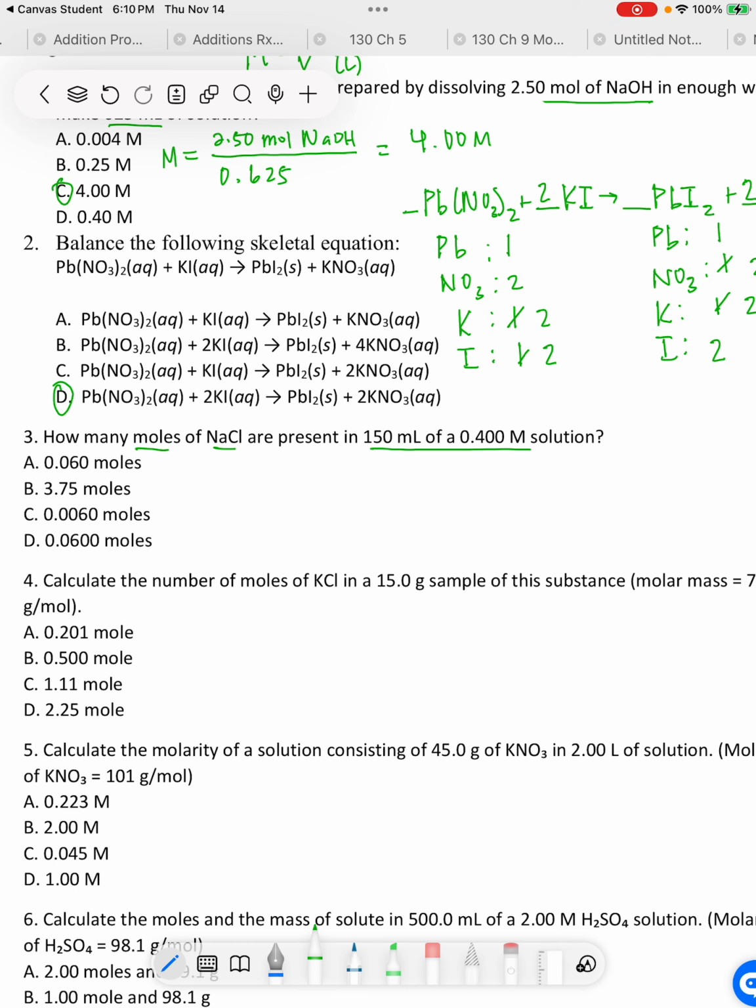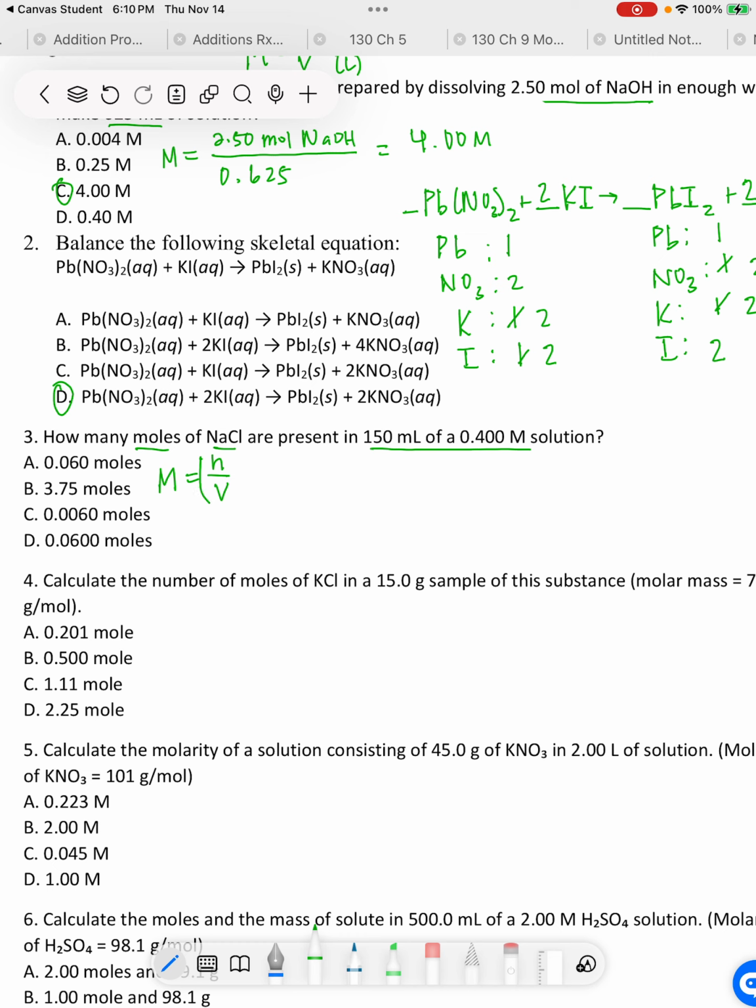We have a volume present and a molarity present, and we need moles. So we're going to use this equation right here. It has everything we need. But we're solving for moles, which is the n in our equation.